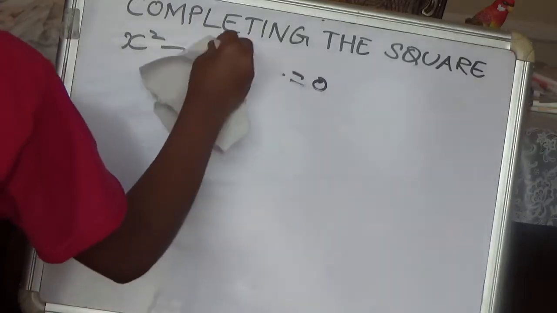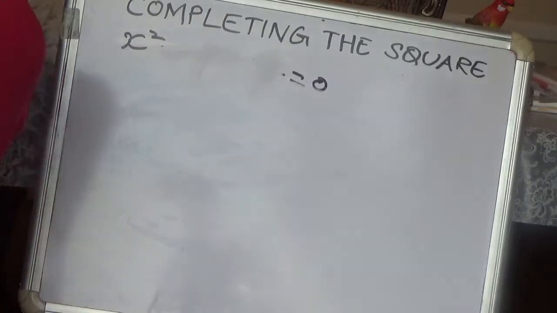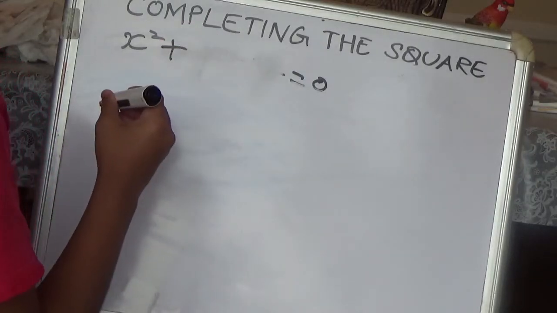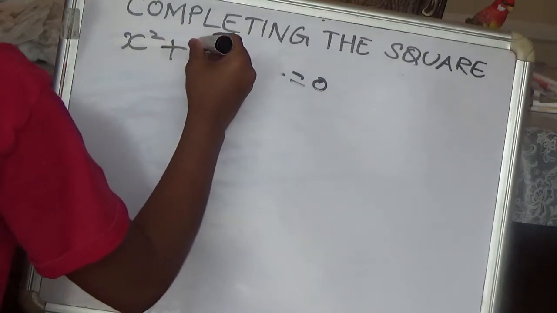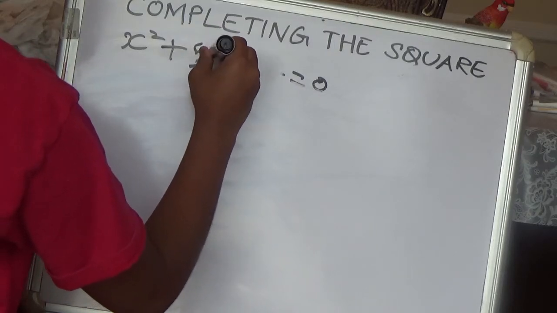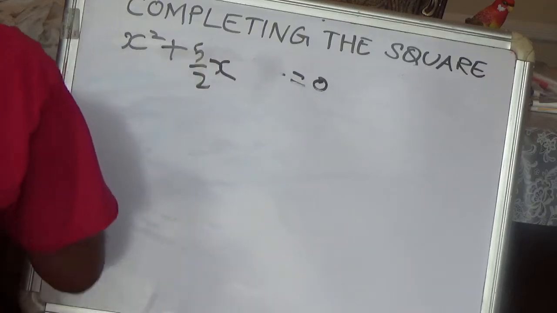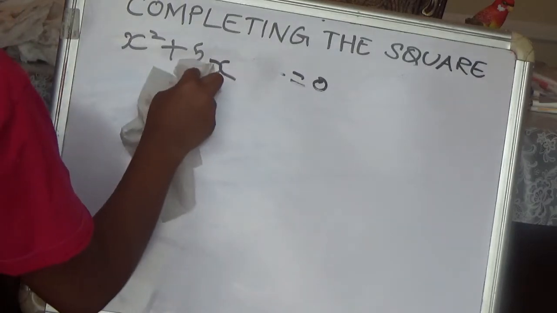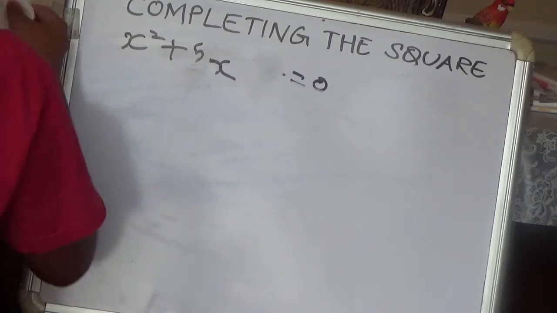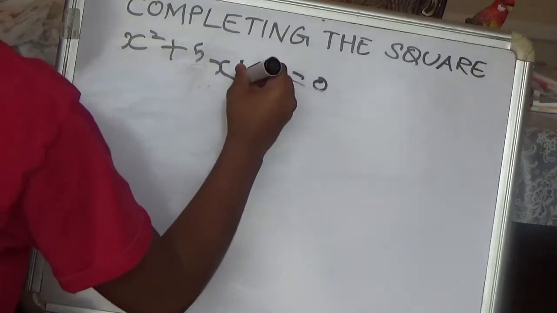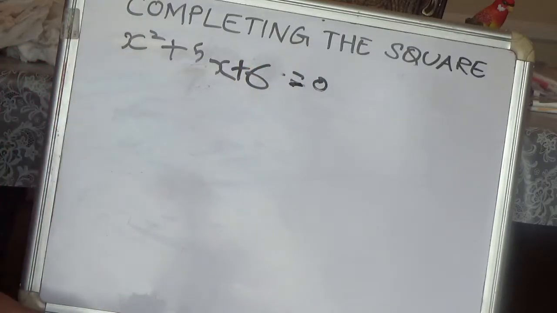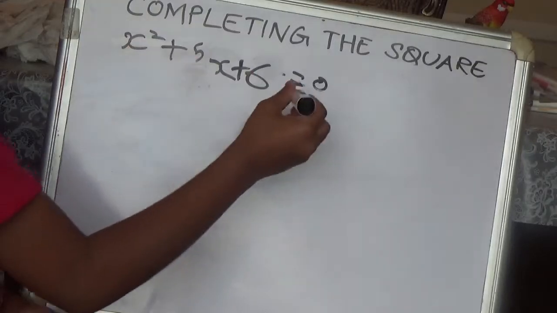The example we'll start with is x squared plus 5x plus 6 equals 0. That's our starting quadratic.